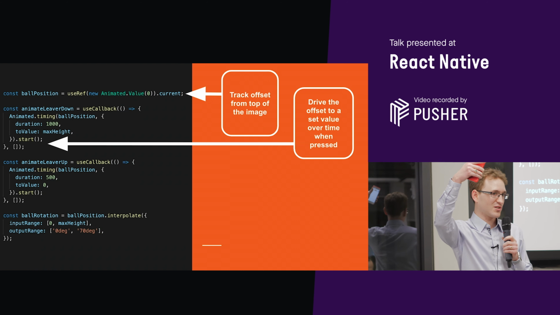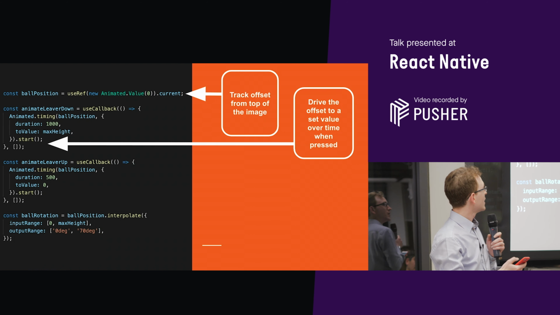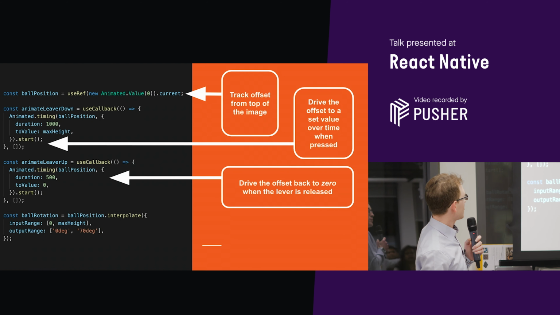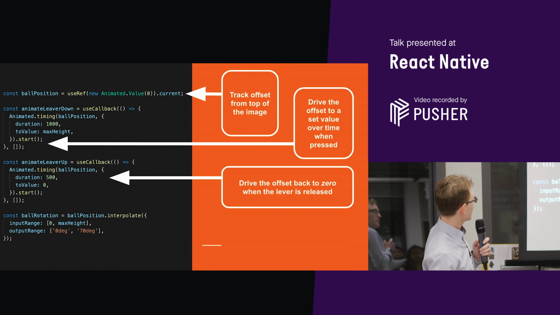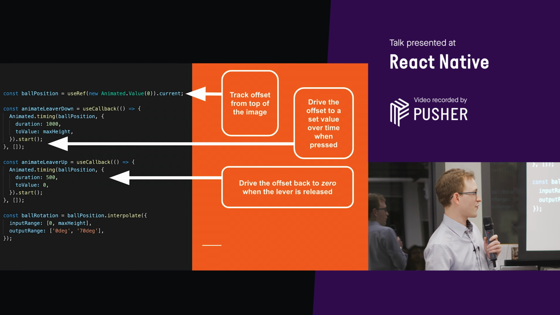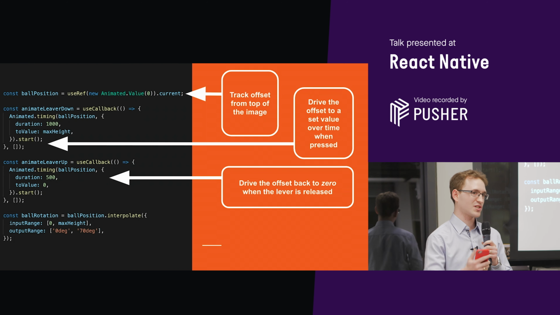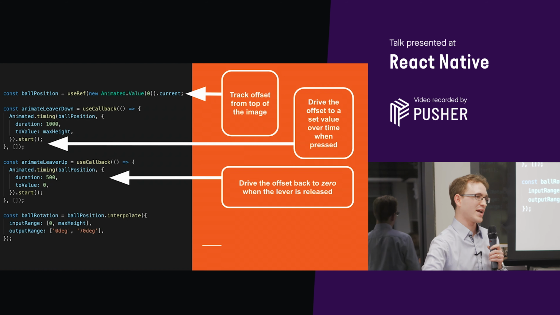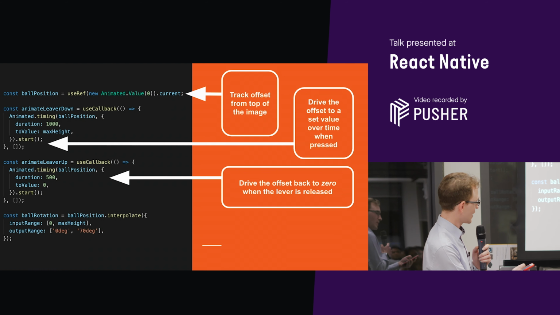So that's the distance that I want to move the ball down. And I'm also going to set up another animated timing that is going to flick back to 0, but this time over 500 milliseconds. So again, I want that to feel snappier on the way back up, so you've got that feeling of weight and then the spring back up of the lever.